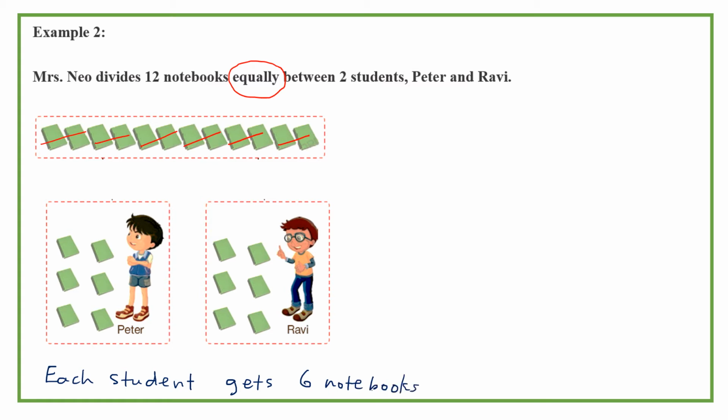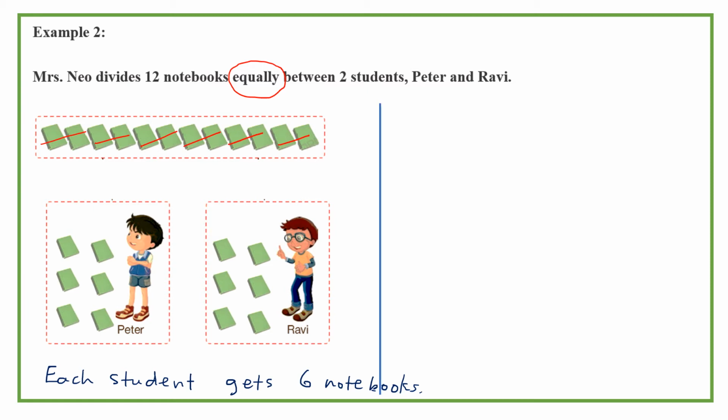And you can see that they all have the same number of notebooks. So this is what we call division. After dividing, each student has got the same number of books.